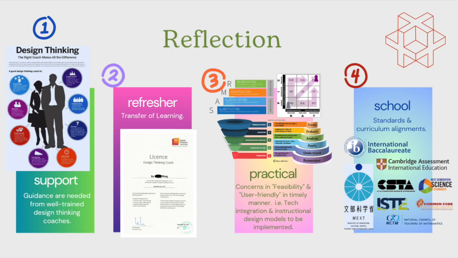Number 3, the practicality of the process. Design thinking is famous in commercial products, and school is very different by nature and by its business. My concern is feasibility and user-friendliness in a timely manner, for example, technology integration and instructional design models to be implemented. Number 4, the standard and curriculum alignment.